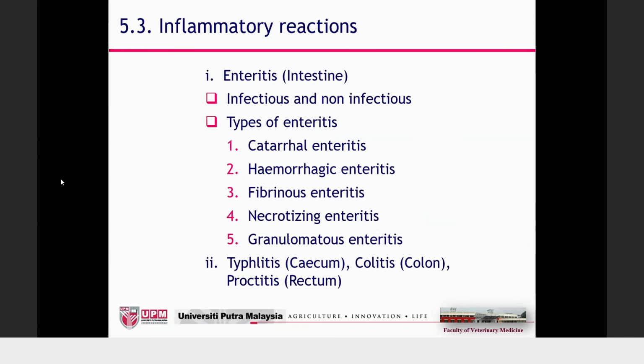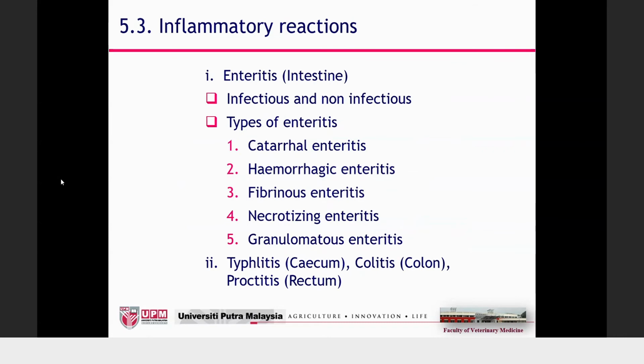And if you remember, in the lesion associated with the oral cavity, there are 5 types. You got catarrhal, yes. In the intestine, we have catarrhal. We got hemorrhagic, yes. In the oral cavity, we have vesicle, erosion, and ulceration.